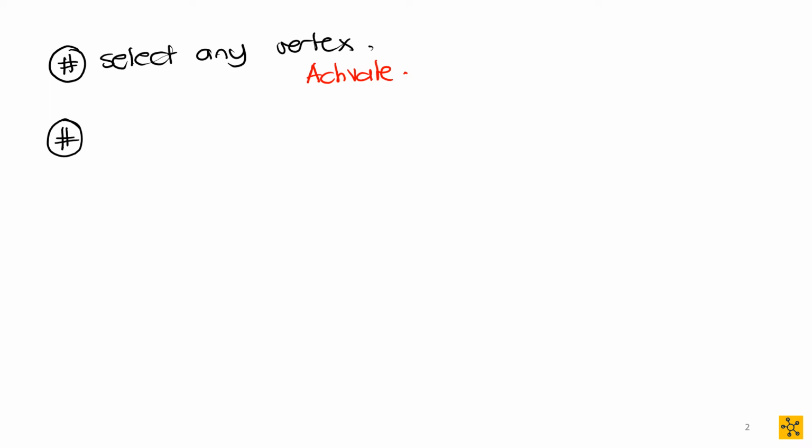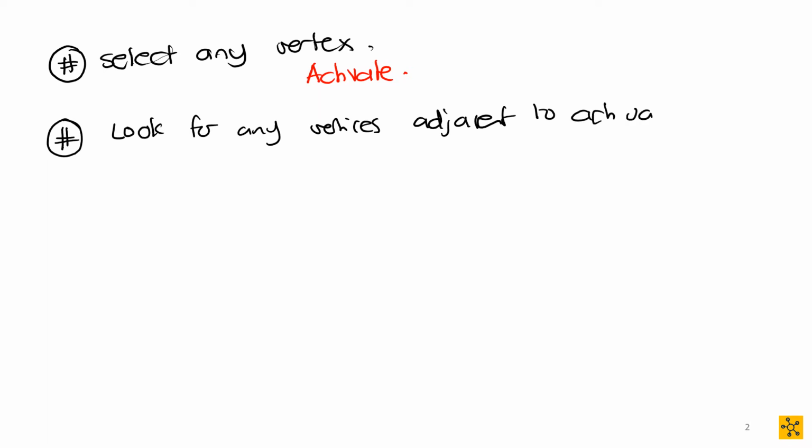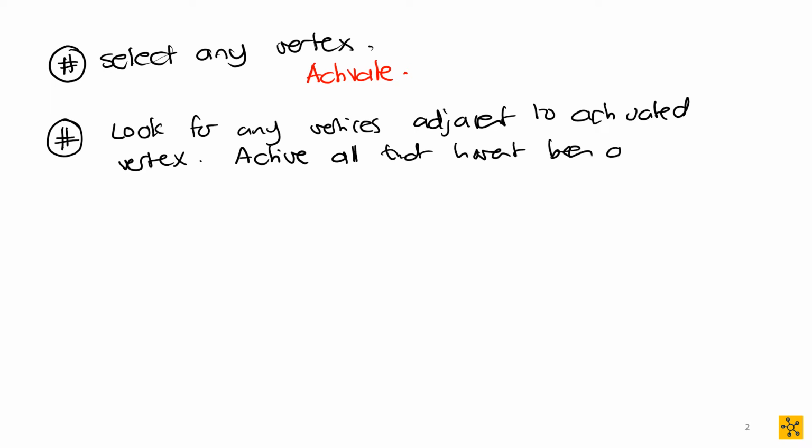So different to the depth first search, remember depth first search, you only activated one vertex. In this one, you activate all the inactive adjacent vertices. So here, you look for any vertices adjacent to the activated vertex, and you activate all of them that haven't been activated before.